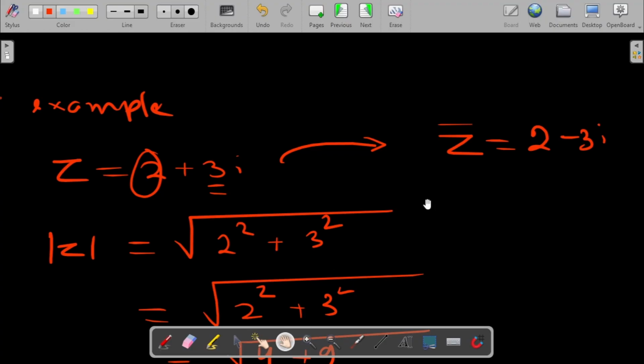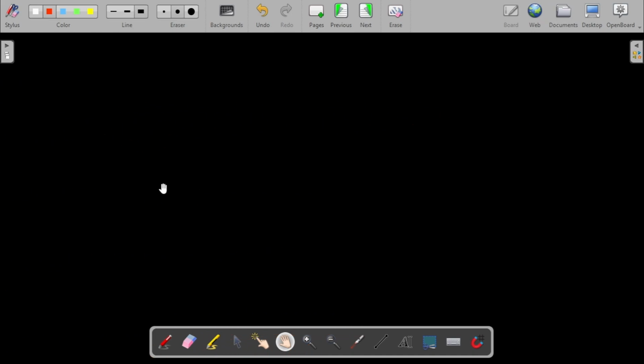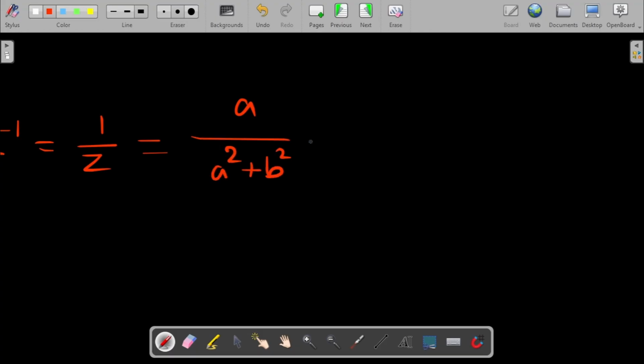Okay. So now I'll discuss some properties of complex number. Earlier we saw that z inverse equal to 1 by z, right? And it's equal to a divided by a square plus b square, plus i times minus b divided by a square plus b square.